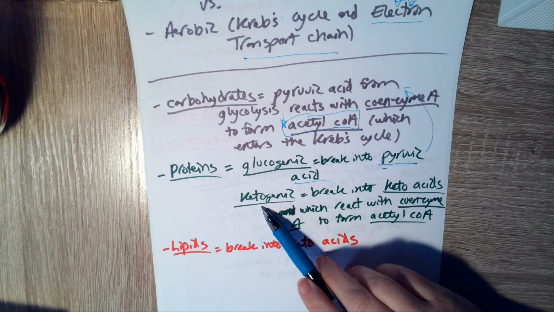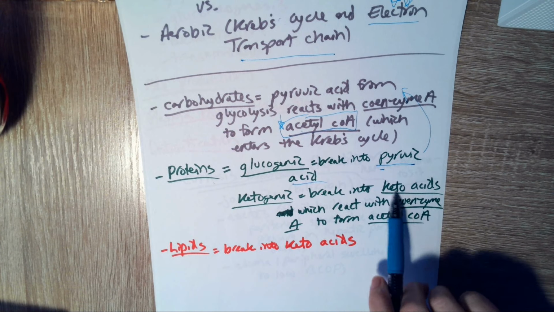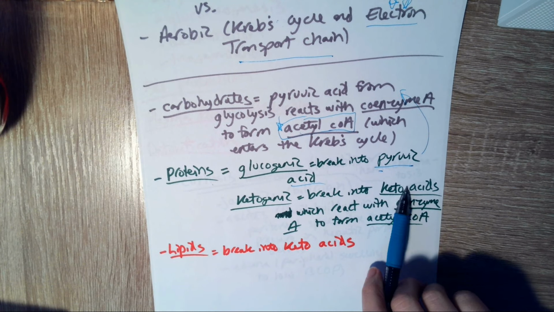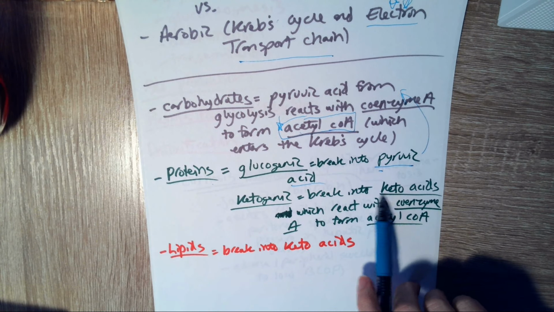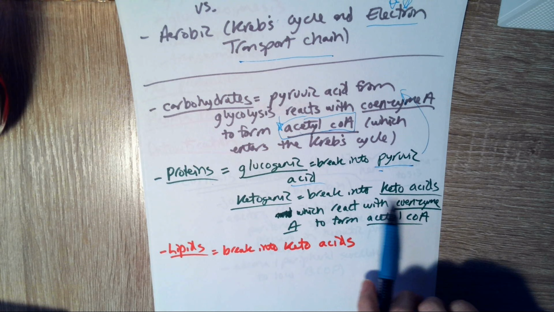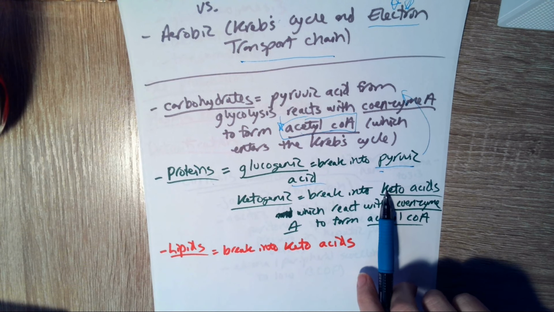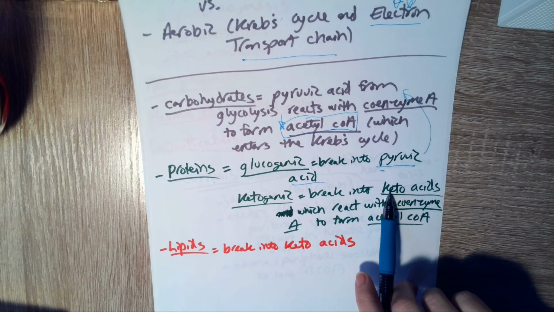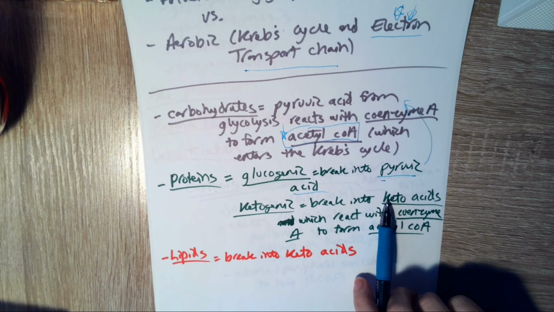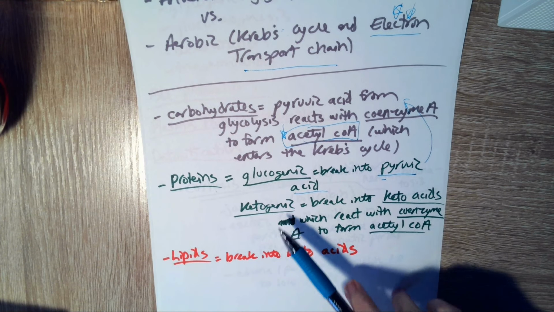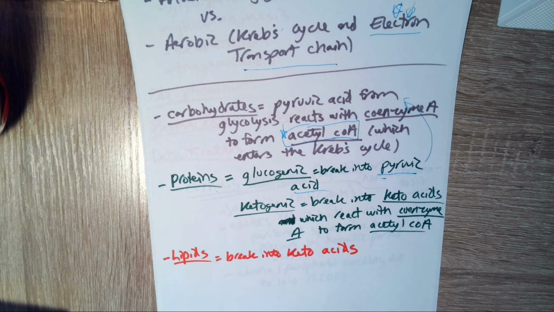Ketogenic proteins, on the other hand, are going to break into keto acids, which I'm sure everybody has heard of with all the keto diet stuff going around. But we all know that ketosis is not a good thing because being acidic is not a good thing. So your body has buffer systems to prevent you from going too much into ketosis.